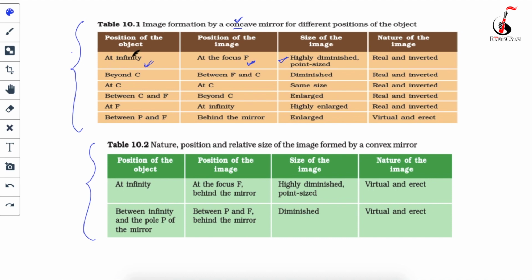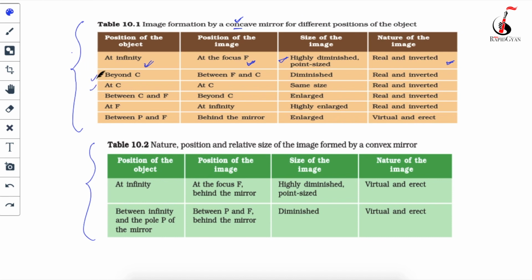If the object is at infinity, the position of the image will be at F, the size will be highly diminished, point size, and the nature will be real and inverted. Real means the light rays are intersecting each other. You will understand it more when we solve other cases.